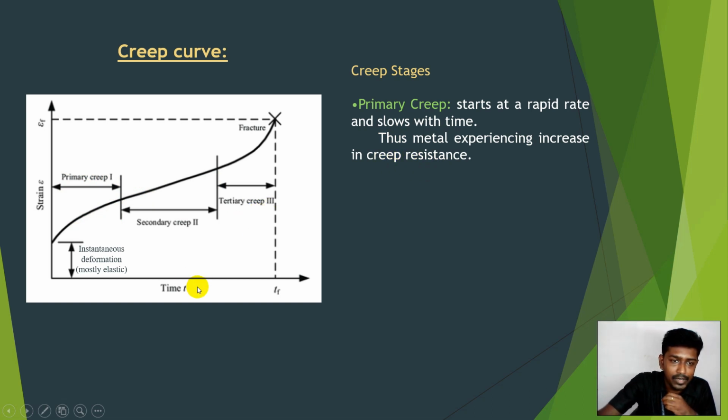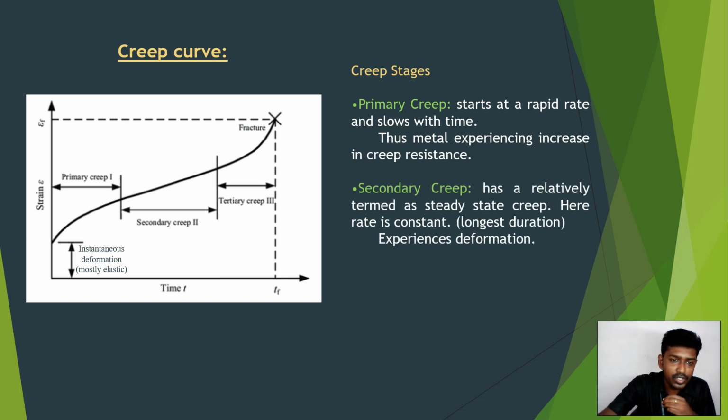Next, the second one is the secondary creep. Look at this region. Here you can see a very linear curve. Am I right? Yes, and the strain rate is very constant with respect to time.